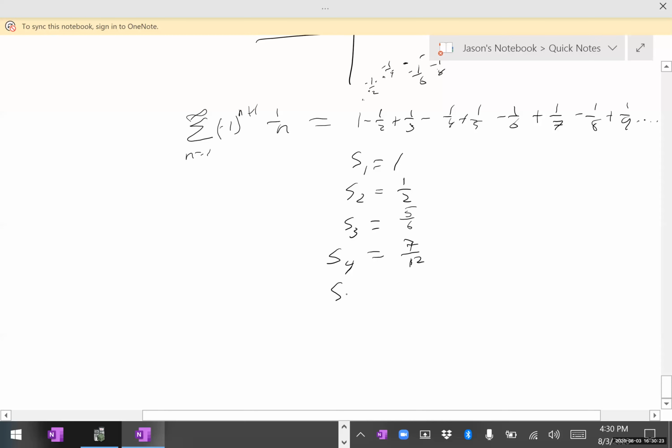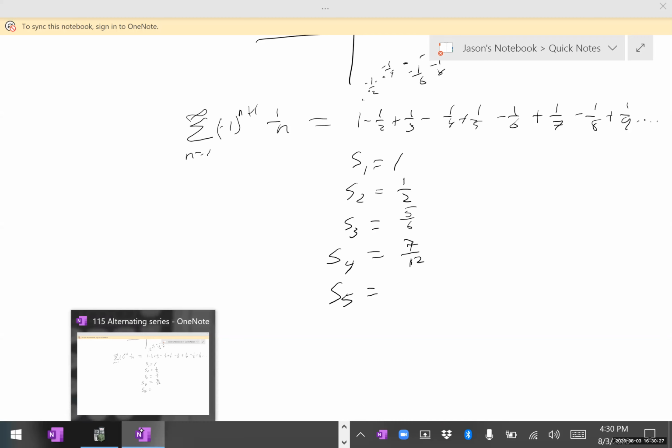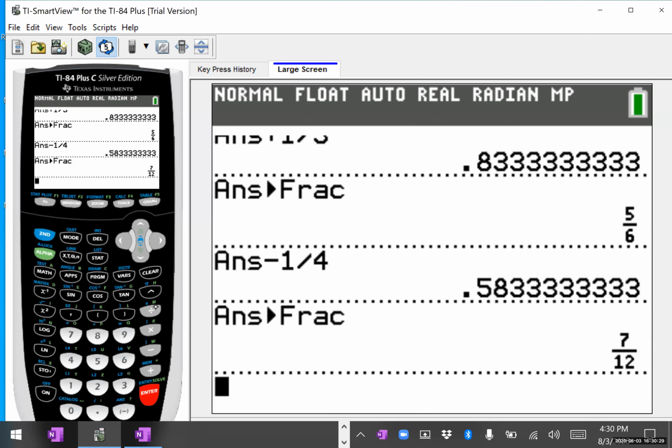Okay, and then S5. S5 is going to be plus 1/5, is that right? Plus 1/5.